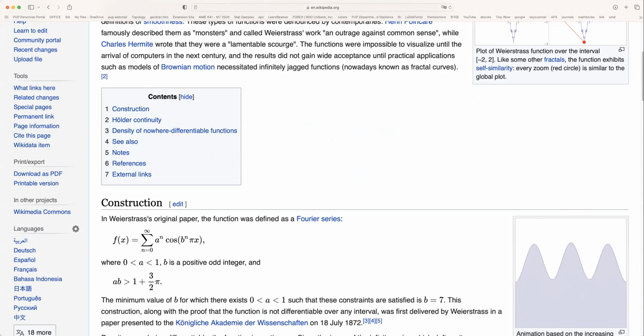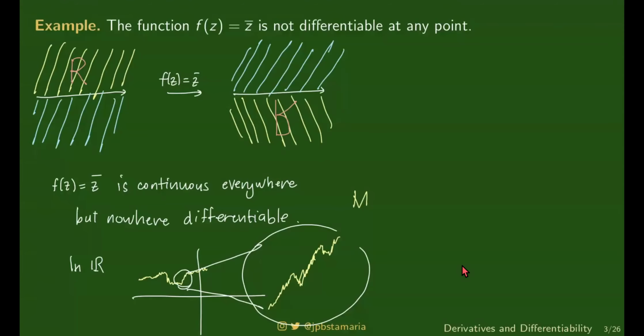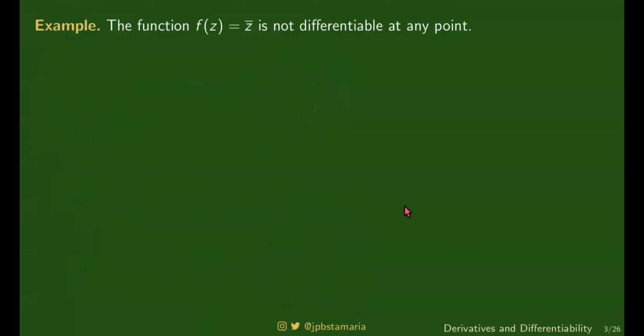Whereas, imagine niyo sa complex plane, napakasimple ng ating example. Ang ating example ay yung f of z equals z bar. Sige nga, let's see why this is not differentiable anywhere.